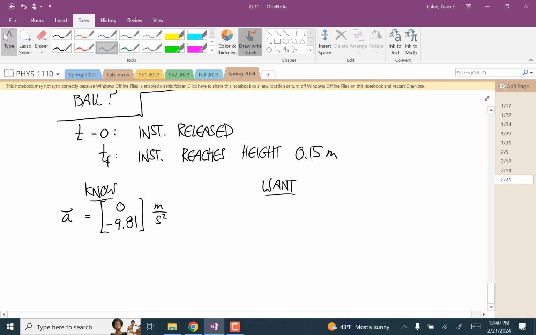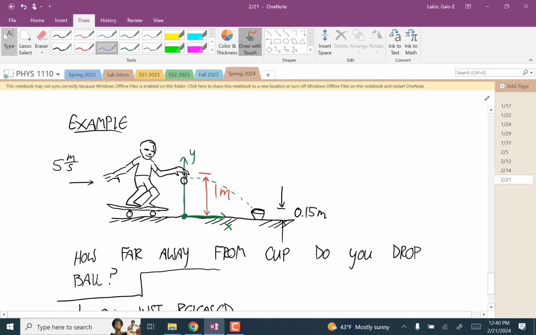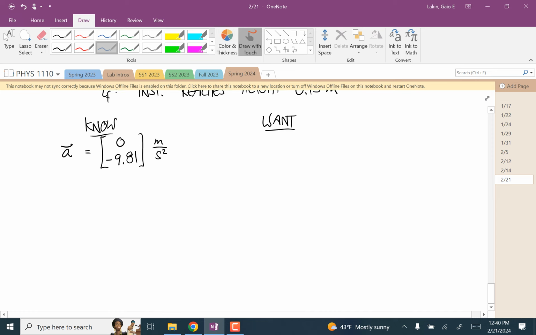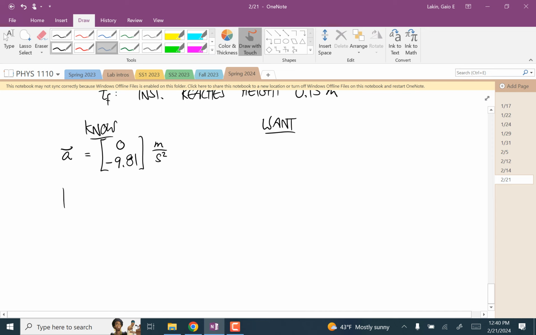Do we know the initial position? So that's the coordinates of the object at time equals 0. Yeah, you can see that's right on the Y-axis. So X is 0 and Y is 1. Well, that's the same way it was before in the last problem. So this is 0, 1.